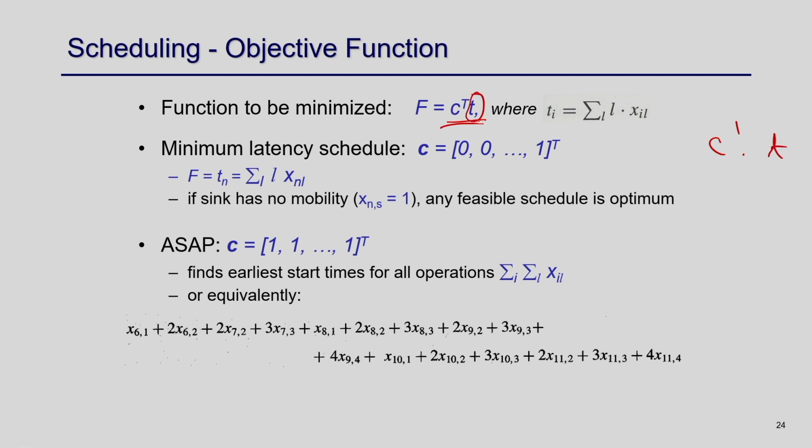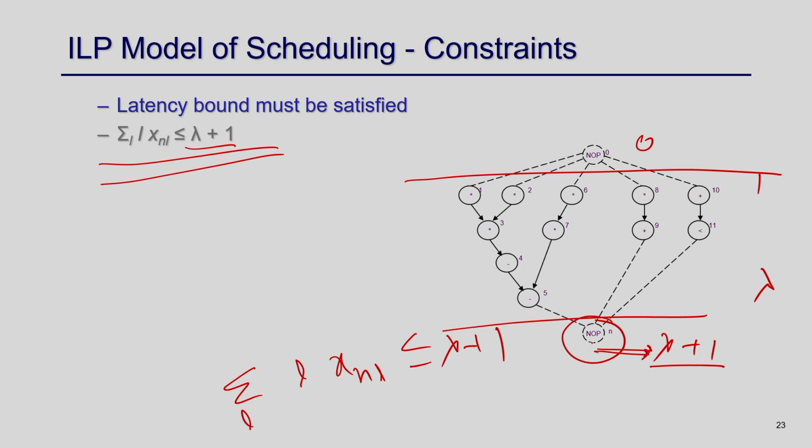This t is nothing but the expression summation l into x i l. If you now try to optimize the latency, that is, reduce this timestamp, I want to schedule this node as soon as possible, as early as possible.